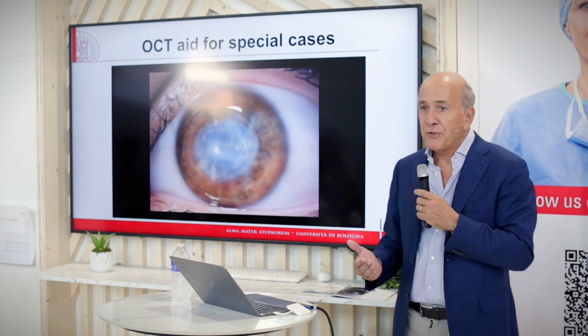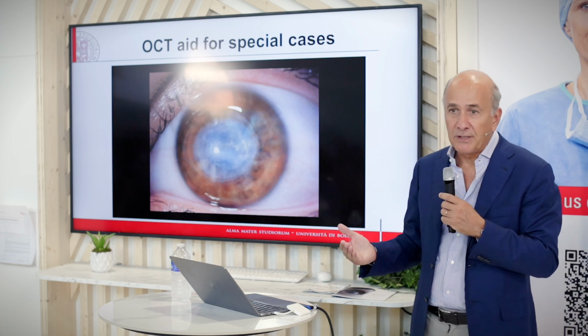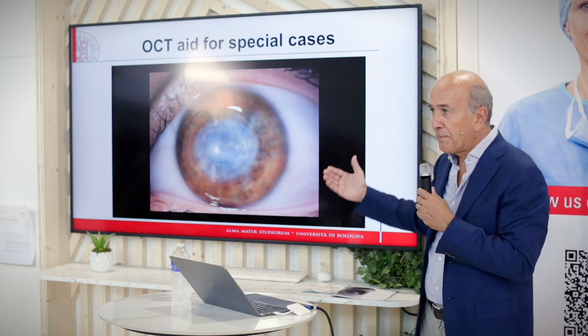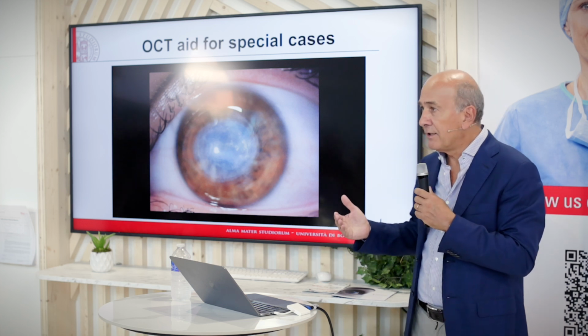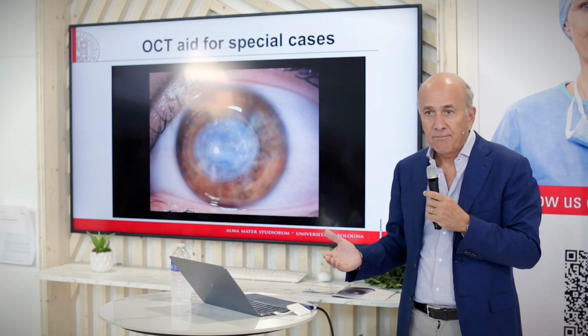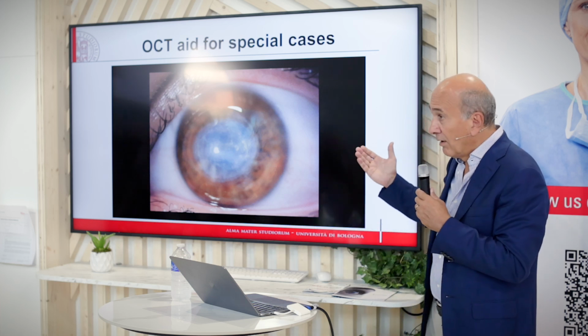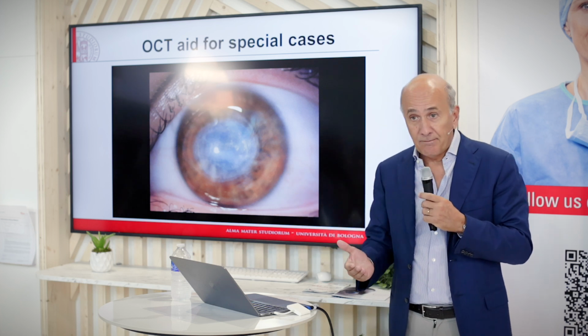This is a post-infectious glaucoma. Very common thing to see. This patient had a contact lens related infection and developed an opaque cornea. Can't see a thing. What we want to do in this case is potentially a lamellar keratoplasty.